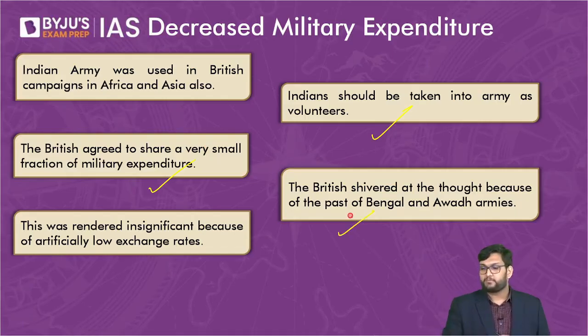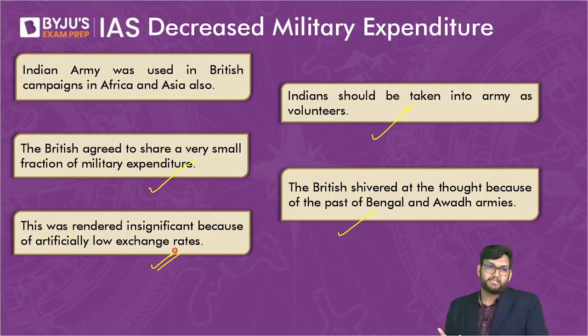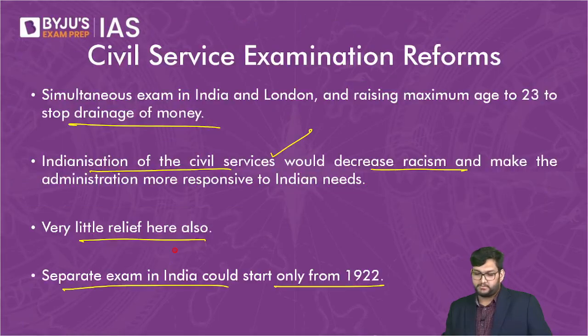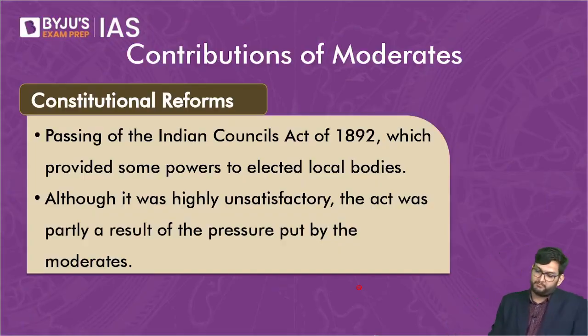The British should think about how the Bengal and Awadh army suffered because of 1857. And basically, the concept of bhatta made no sense because of the very low exchange rate at which they used to give us the bhatta itself. No, it says 1922, not 1992.